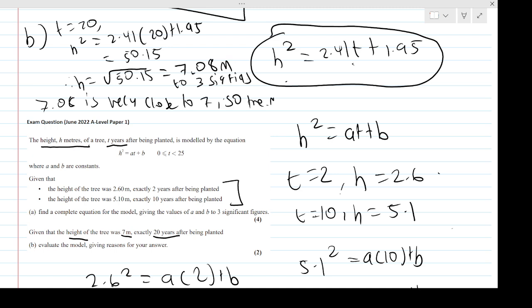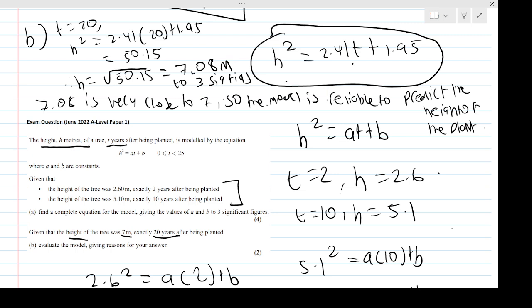So the model is reliable to predict the height of the plant, right? And there we are. Cool. So that's what you want to get at. But essentially, that 7.08 is pretty close to 7, so it's a pretty good model, right?